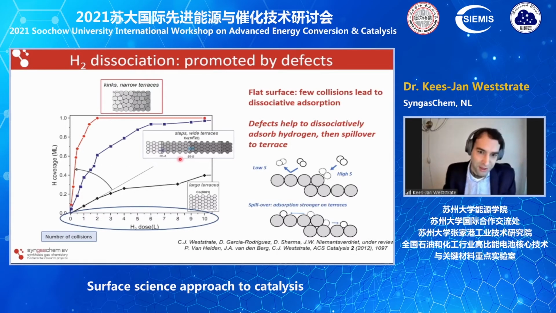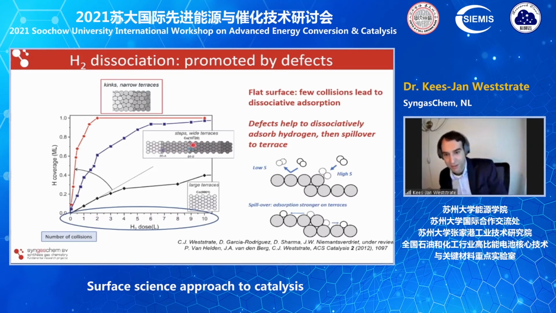So this shows us that those step sites on a surface, which of course on a real catalyst particle you will have quite a number of such defects as step sites, will really help a lot to adsorb the hydrogen. And this is the cartoon that we think is happening. On the flat terrace, it's quite difficult to dissociate hydrogen. Most molecules will simply bounce off and not react. But in the step site, it's very easy.